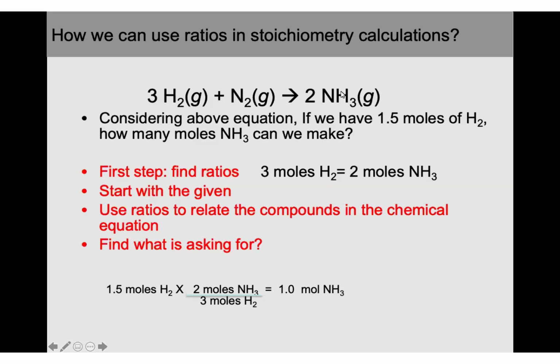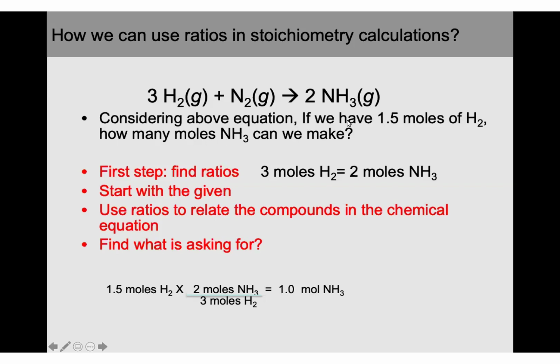We use the coefficients of H2 and NH3 to relate them to each other. So I know that 3 times H2 equals 2 times NH3, right? This relationship always stays the same. So how do we use it?